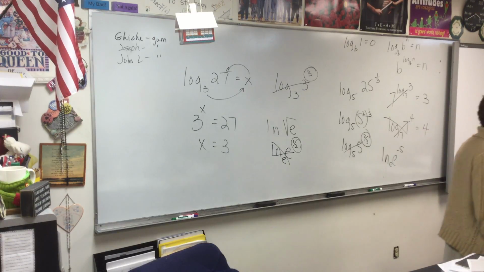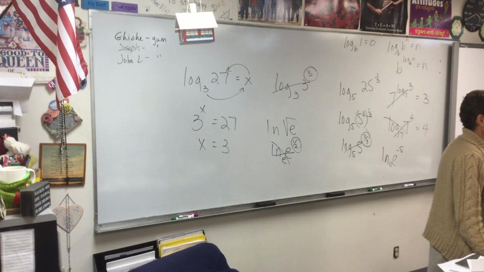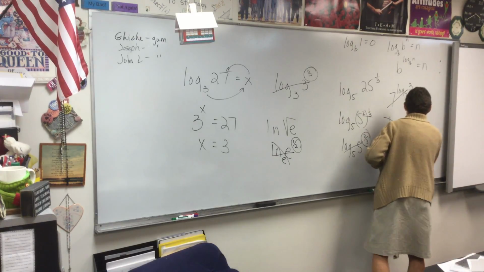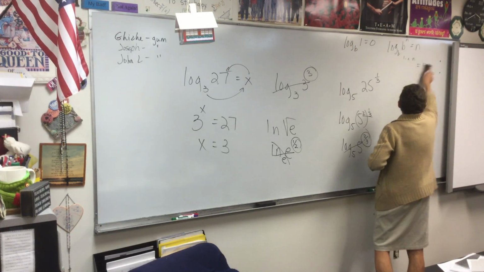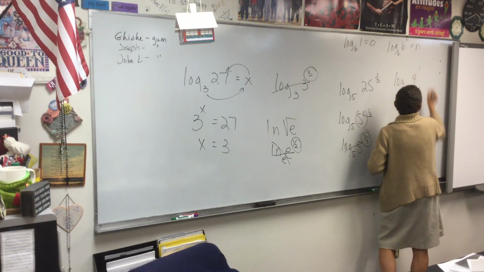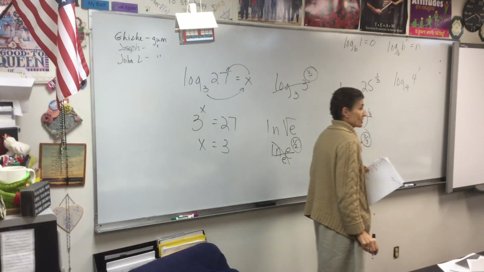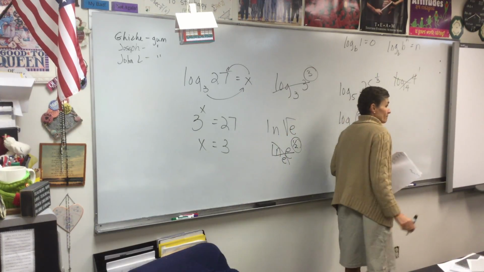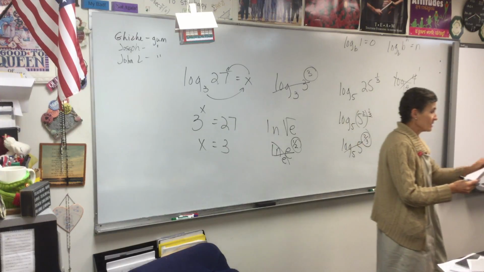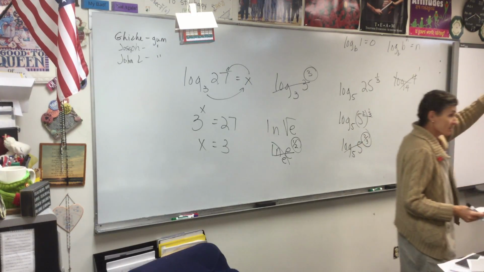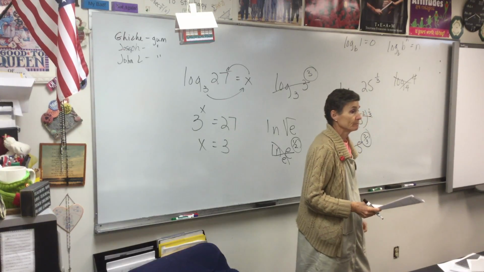What's the log base 4 of 4? 1. Kids, the log base 4 of 4, oops, I erased one of my properties there, but the log base 4 of 4, that's like the log base 4 of 4 to the first. So the log base 4 of 4 is just going to be 1, and then you're timesing that by 2, so the answer is 2.